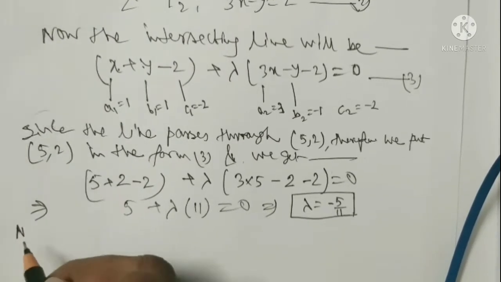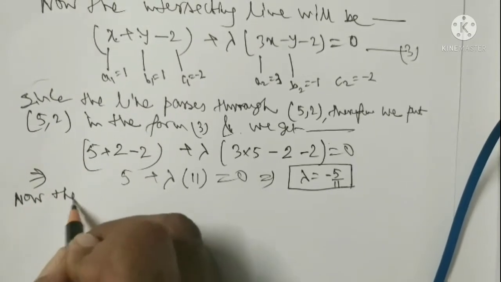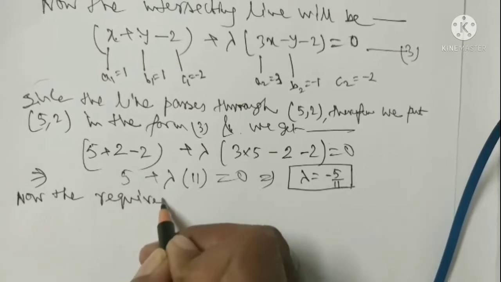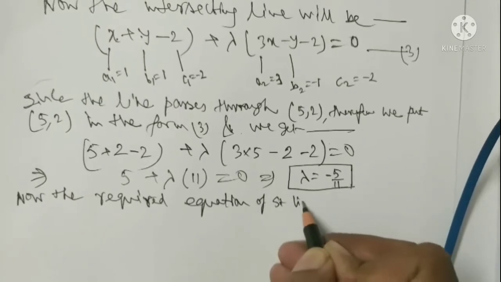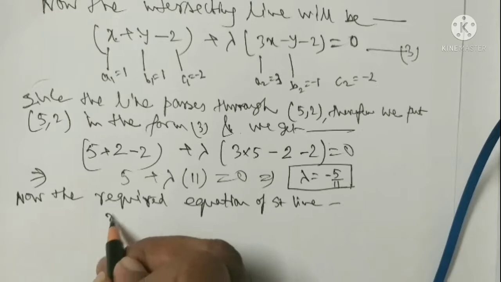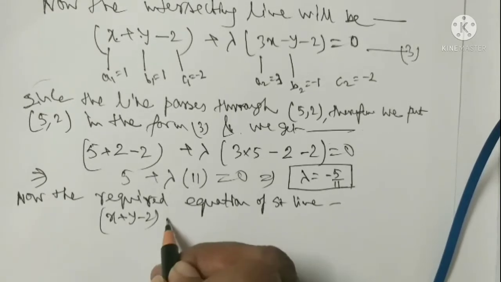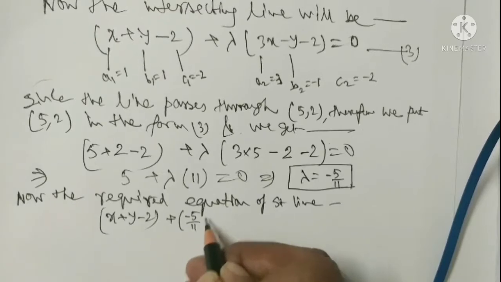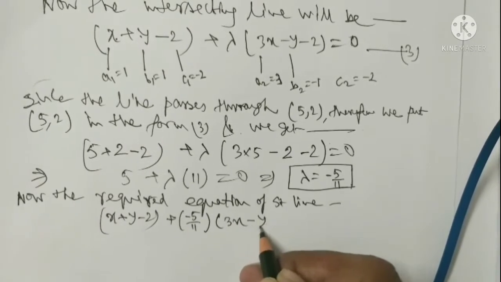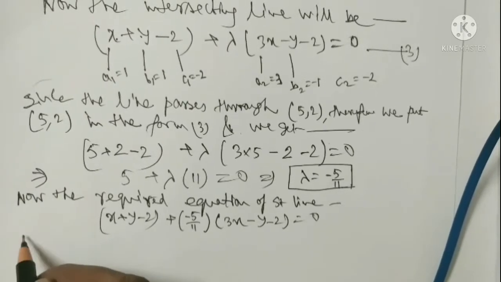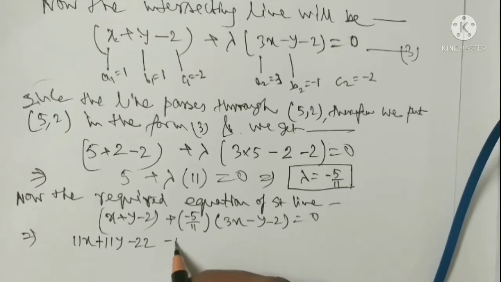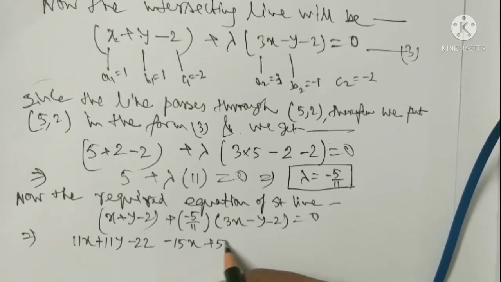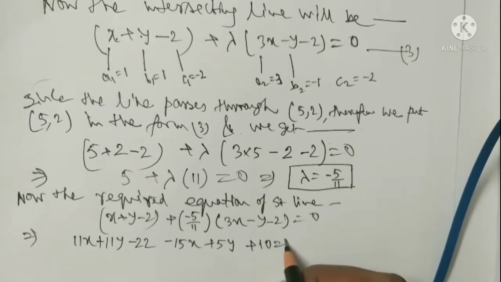Now the required equation of the straight line is x plus y minus 2 plus (minus 5 by 11) times (3x minus y minus 2) equals 0, and if I take it, 11x plus 11y minus 22 minus 15x plus 5y plus 10 equals 0.